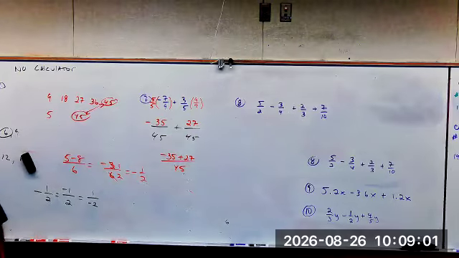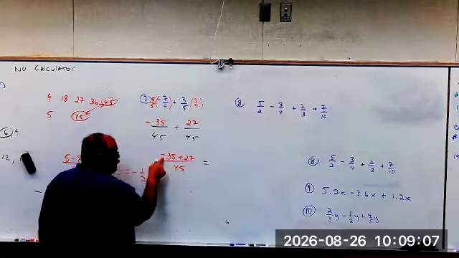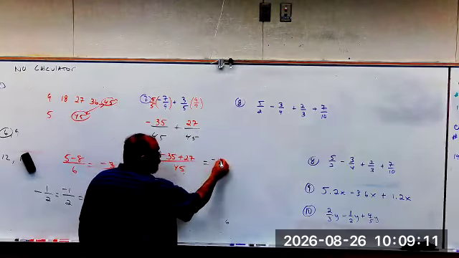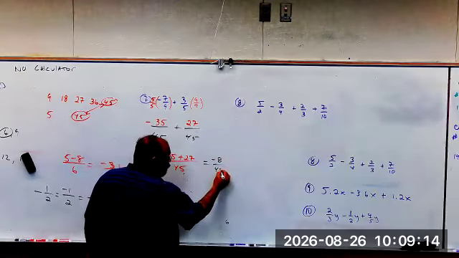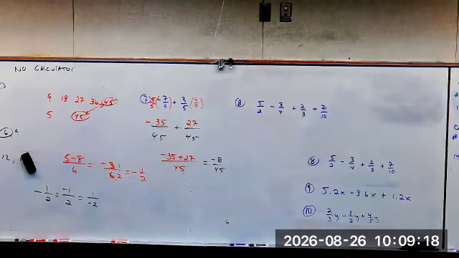Okay, negative 35 plus 27 is positive or negative? Negative. How much more negative is 35 versus 27? 8. So it's negative 8 over 45. And that doesn't reduce. The only thing that will go into 8 is a 2 or 4. And those are even numbers and they're not going to divide 45. So there's no common factor.